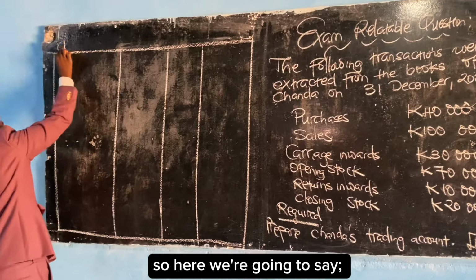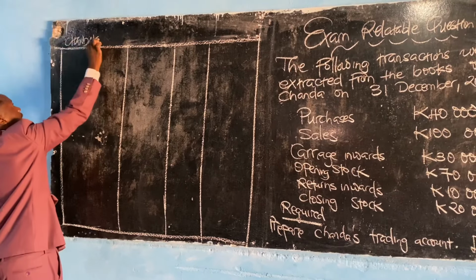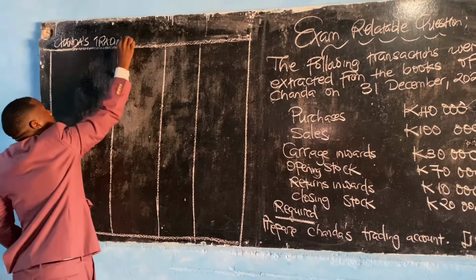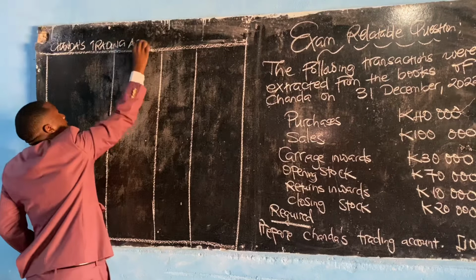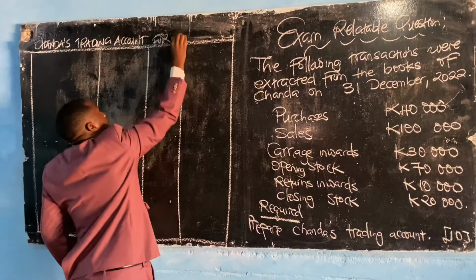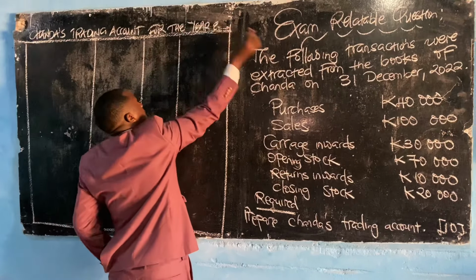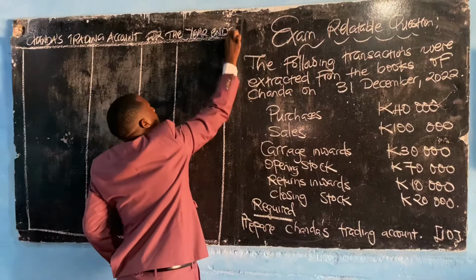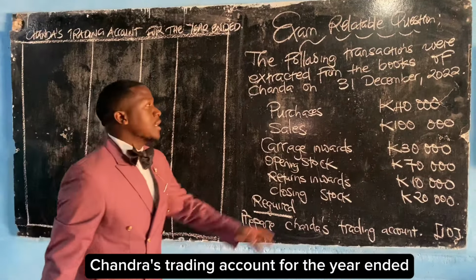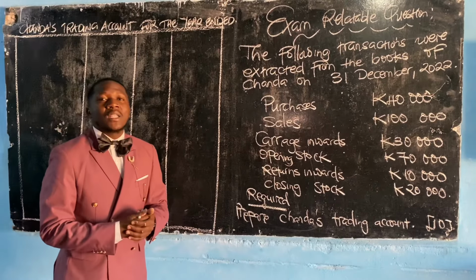So here, we're going to say Chanda's trading account for the year ended, and we've been given the last date in December and the last month in December.